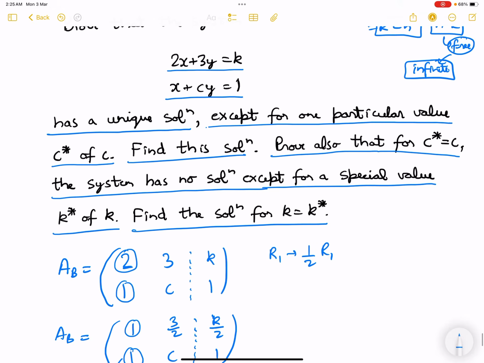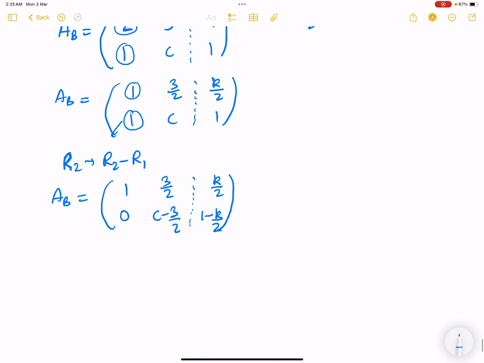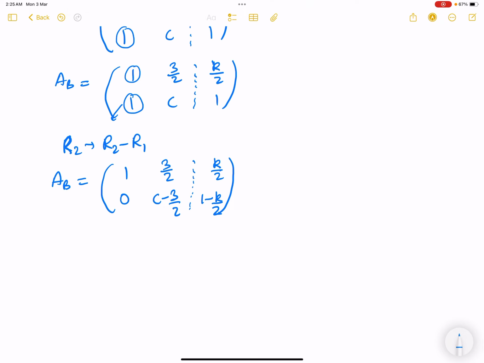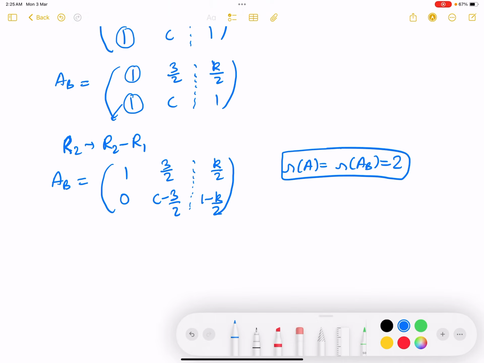Now what we are supposed to show is that it has a unique solution except for one particular value C star of C. It would have a unique solution when rank of A equals rank of A augmented B equals 2. N is 2 in this case.